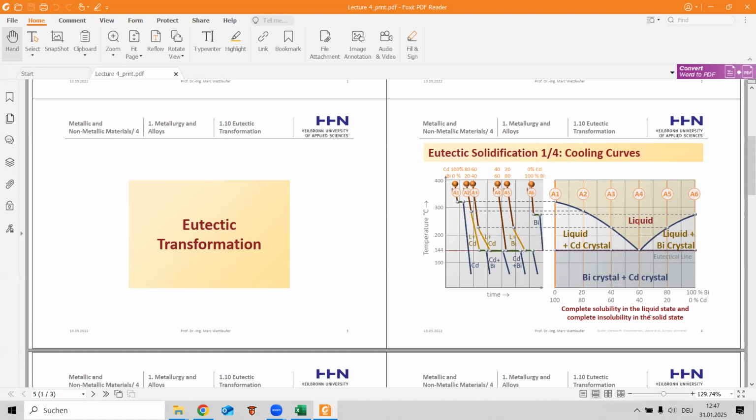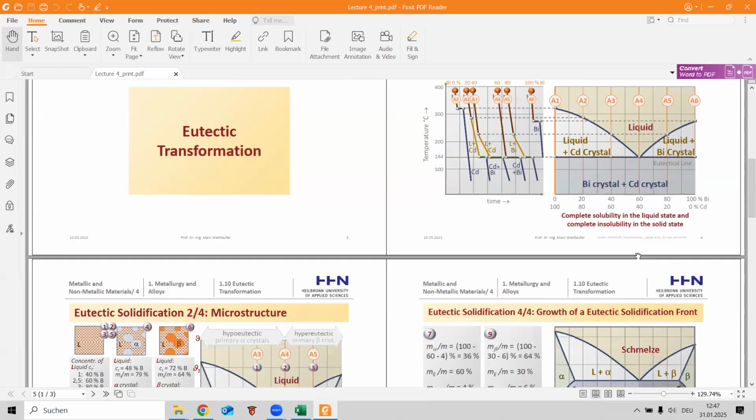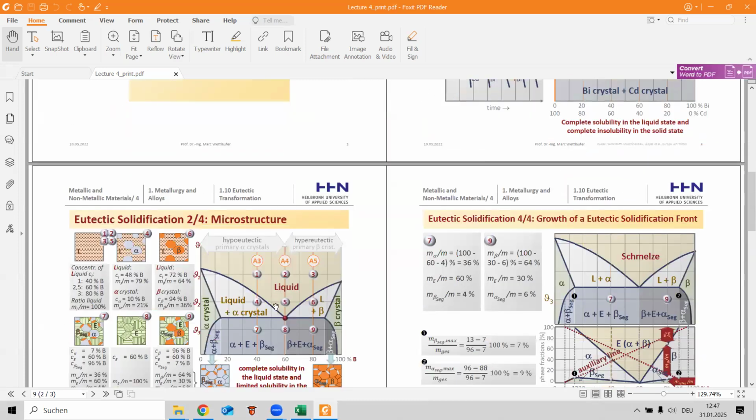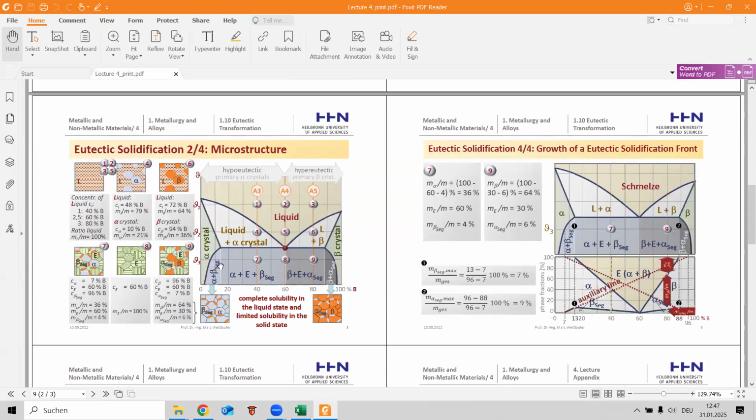Complete solubility in the liquid state and complete insolubility in the solid state. Structurally, we can draw this graph.